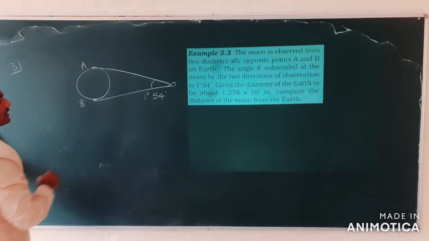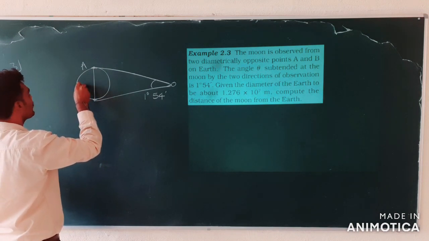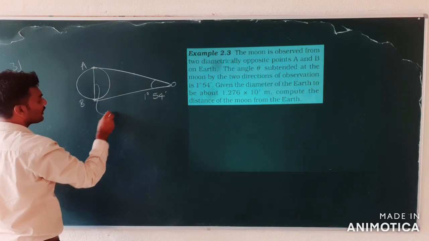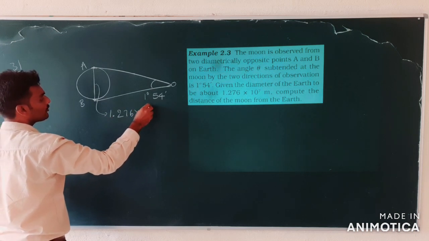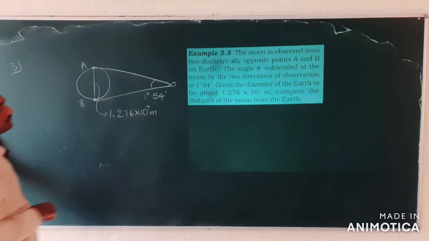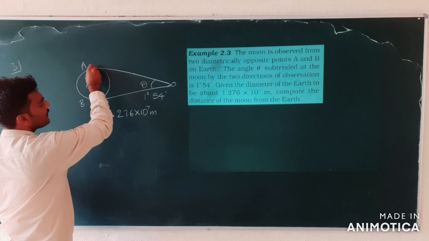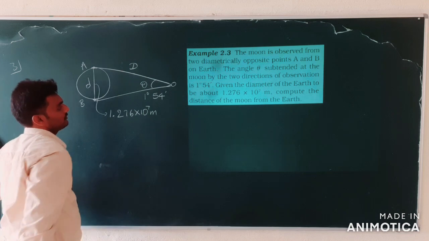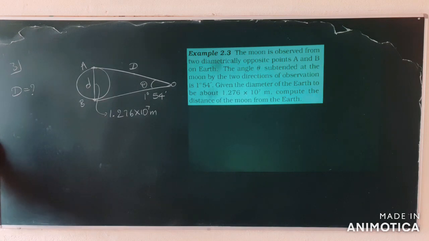The diameter of the Earth, AB, is given as 1.276 into 10 to the power of 7 meter. Now this is theta, and this is going to be small d, and the distance from the Earth to moon is going to be capital D, which has to be found now. D is equal to question mark. Clear? Very easy.